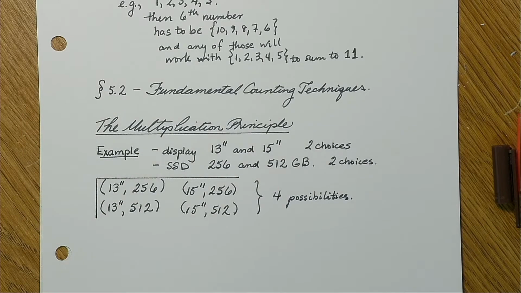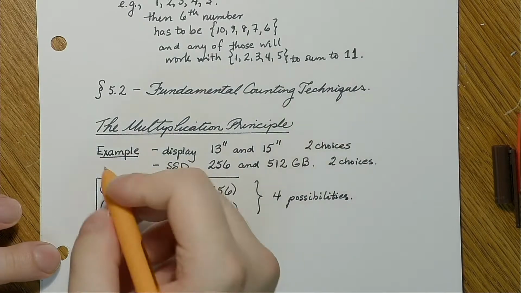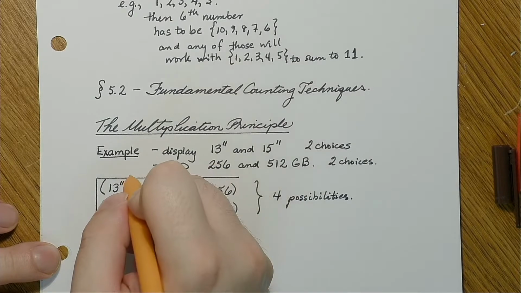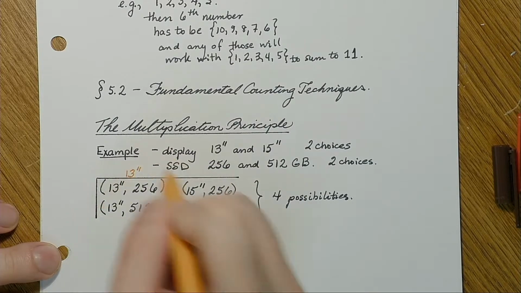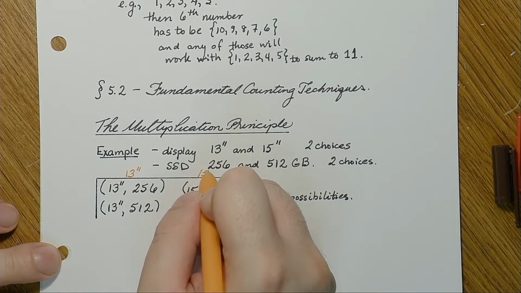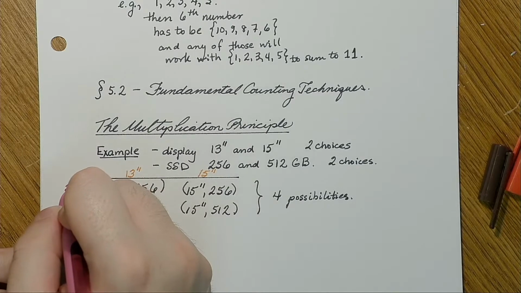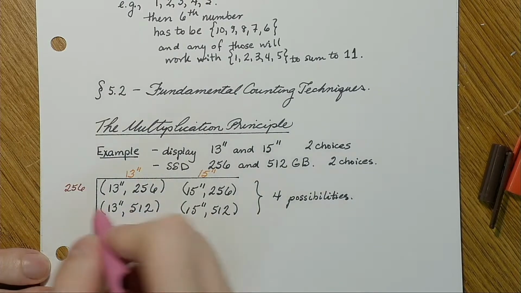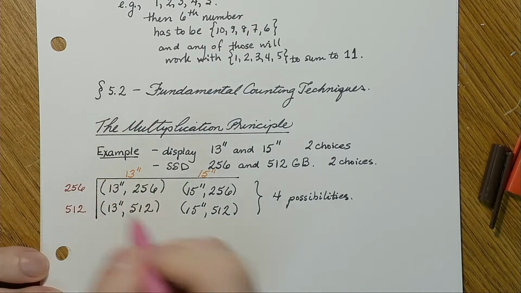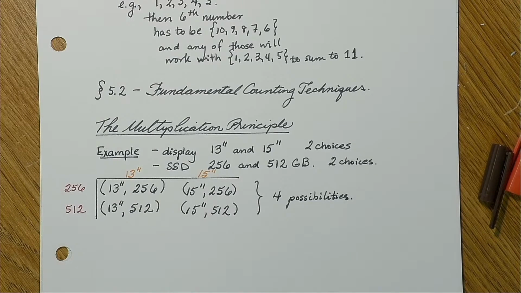Down this column is 13 inches, and down this column was 15. And down this row that we did 256, and we did 512. So we can enumerate all these possibilities.